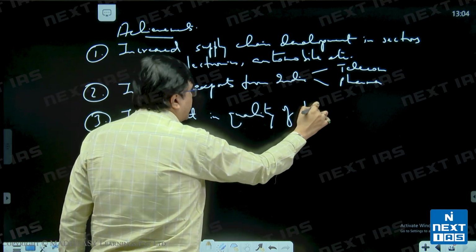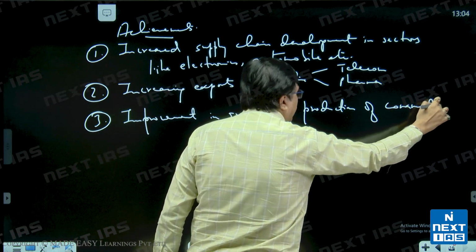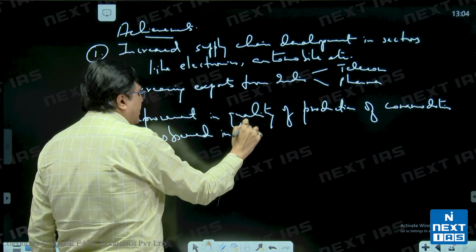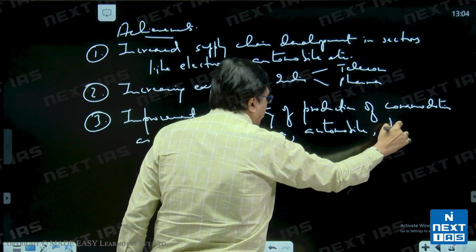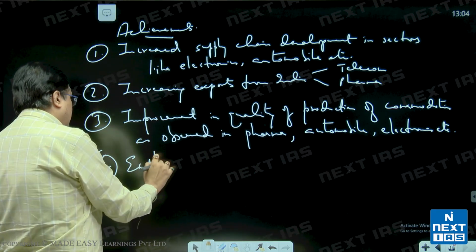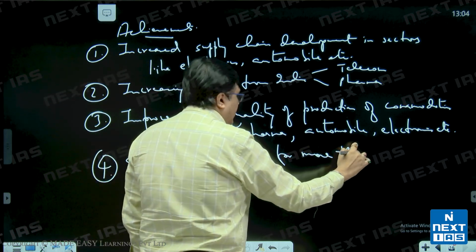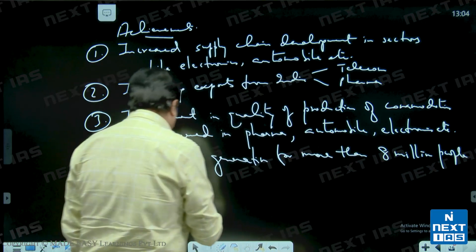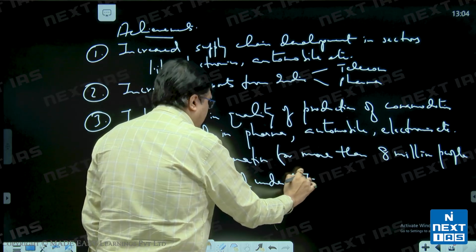Improvement in quality of production of commodities, as observed in pharma, automobile, electronics, etc. Fourth, employment generation for more than 8 million people in sectors covered under PLI.